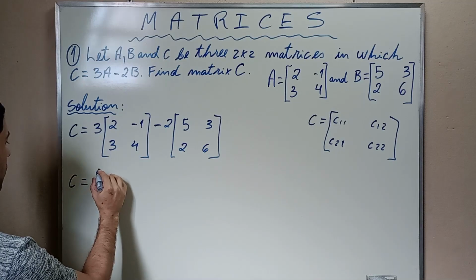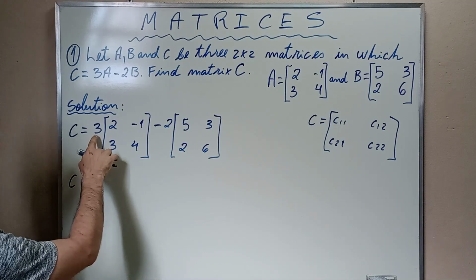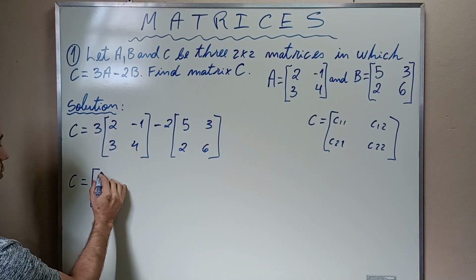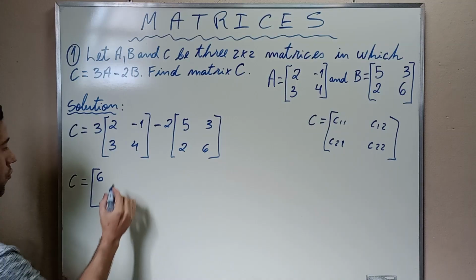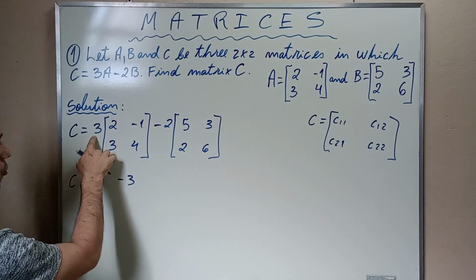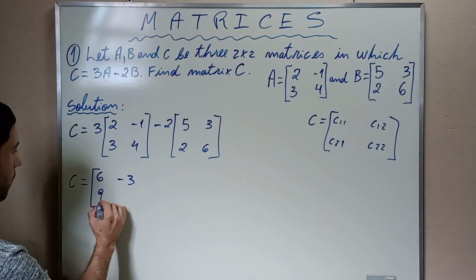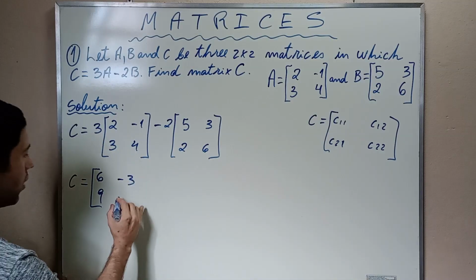Thus, matrix C will be 3 times 2 is 6, 3 times negative 1 is negative 3, 3 times 3 is 9, 3 times 4 is 12.